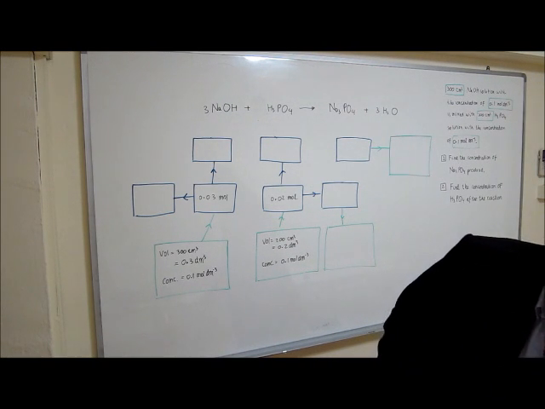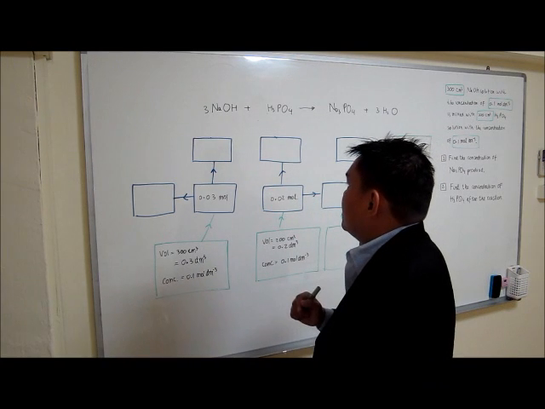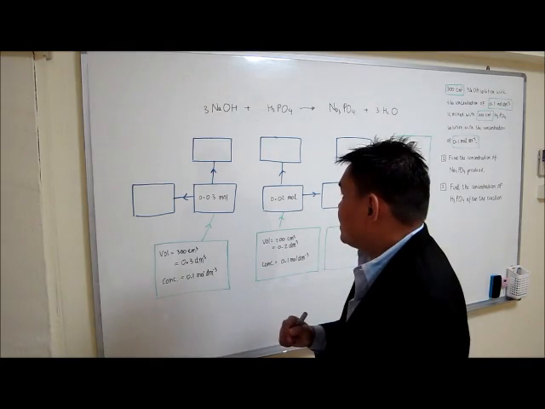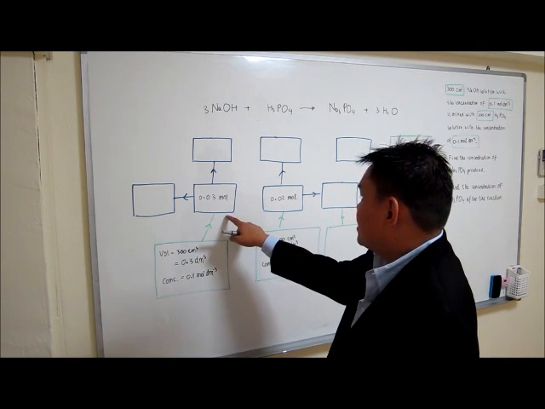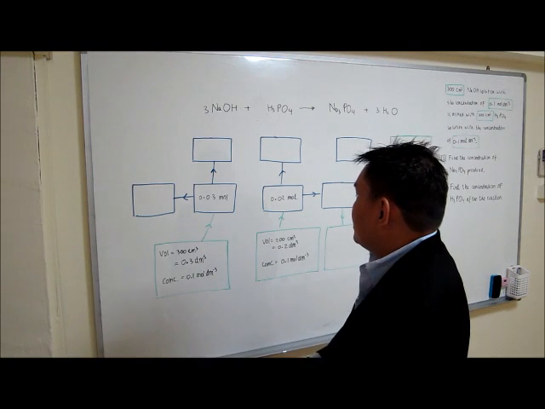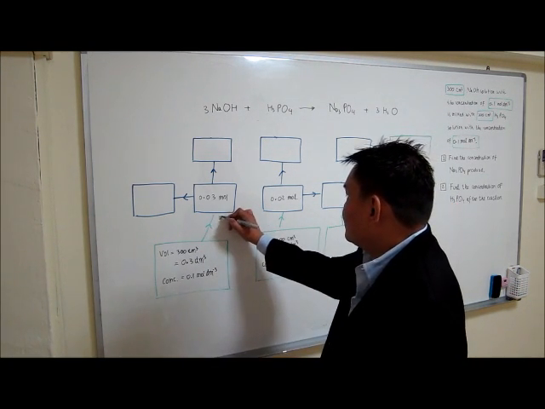Why do I have 3 boxes here for each substance? The reason is very simple. The first box that you calculate from the green box here represents the number of mole that is available.